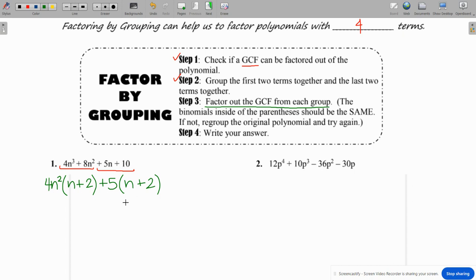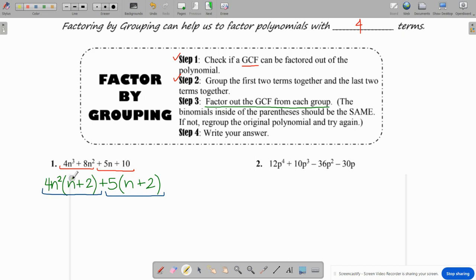Notice that this now looks kind of like what we were working through in our previous class. So we were looking at factoring by grouping. We noticed that out of this section here and this section here, they each have that common n plus 2 quantity. So that n plus 2 is acting like a GCF. So we factor out the n plus 2.